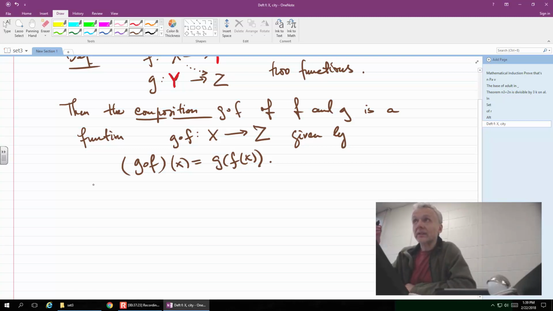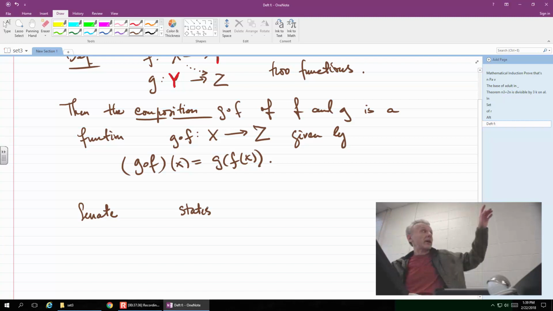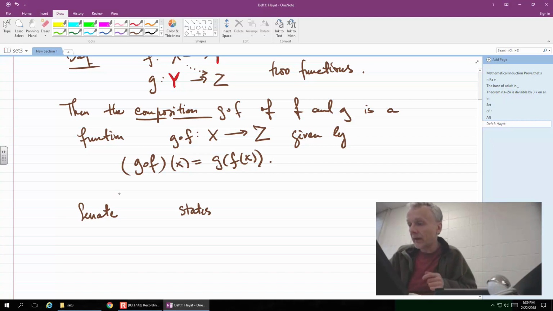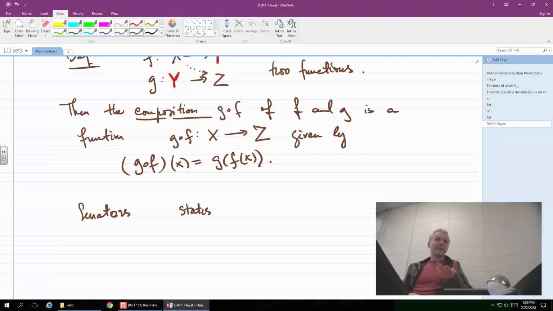One set is the Senate, and the other one is the states. So imagine here I have a list of states, and on the left I have a list of senators. Okay, so that's one set and that's the other set. Do you see a function here?